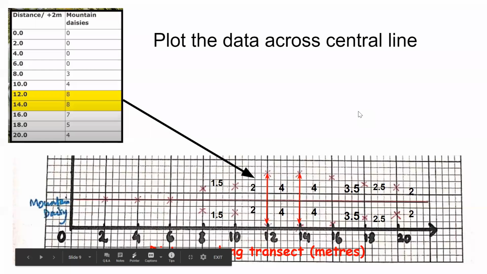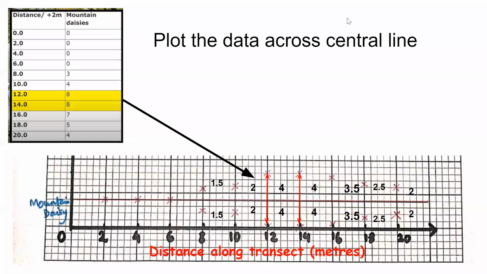Now can you guess what should the next step be? Anyone? It's very simple. What are you going to do next? Shrutika? Correct. Connect all of these points.